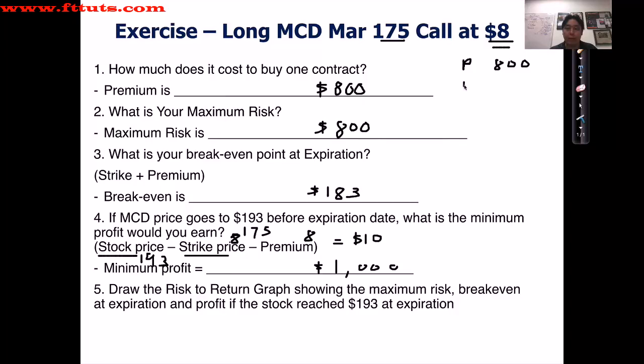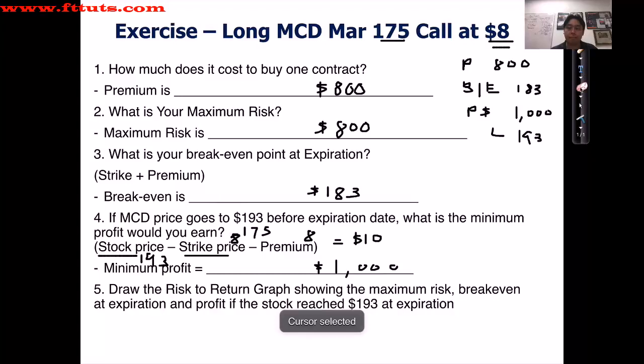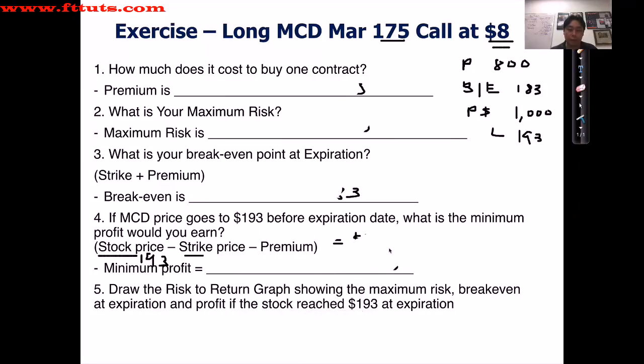We know our break-even price is 183, and we know that our maximum profit at expiration is $1,000 if McDonald's goes to 193. So with all this, how would we draw the graph?